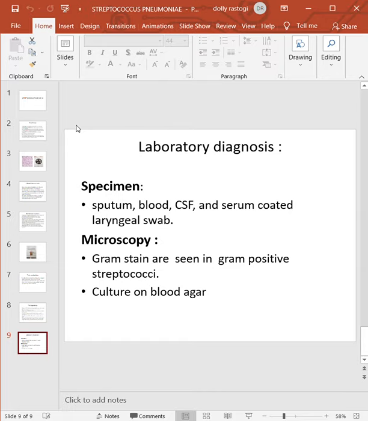Lab diagnosis is done by various specimens like sputum, blood, CSF.